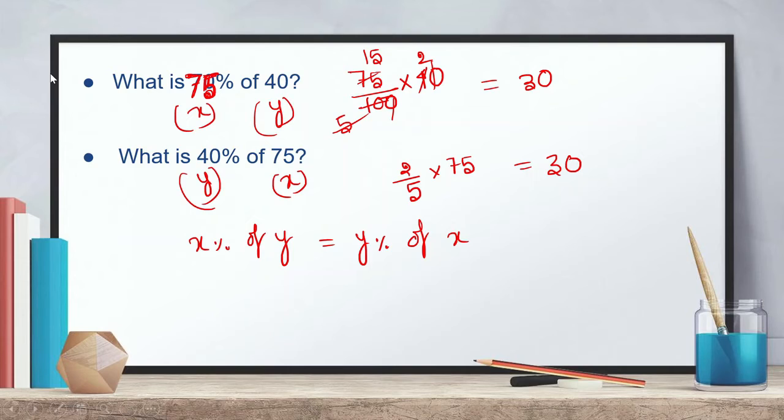Observe it carefully. 75% of 40 is equal to 30, and 40% of 75 equal to 30. If we take 75 as x and 40 as y, then x percentage of y is equal to y percentage of x, which is equal to 30.